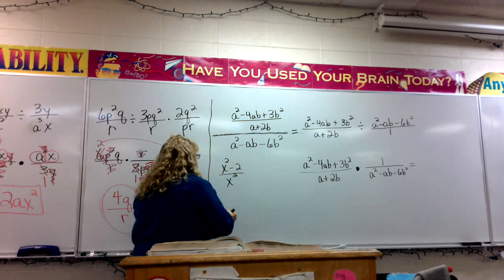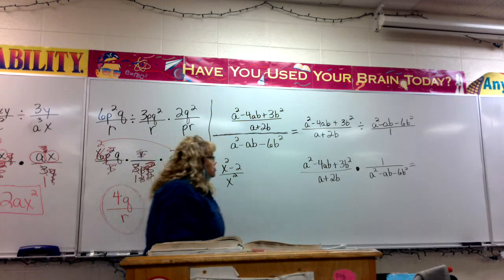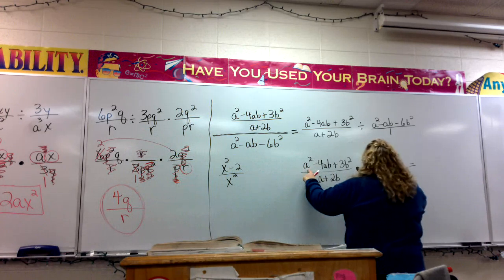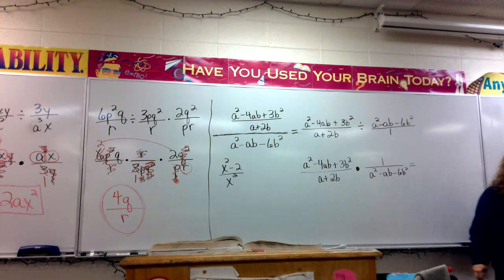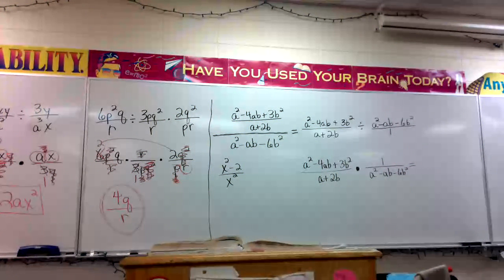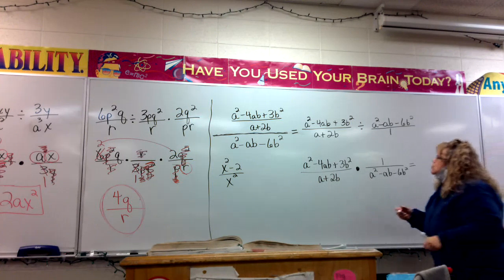You're not allowed to cancel those if it's a minus or a plus. I always see people want to cancel these, but it's minus, you can't cancel those. So what do you have to do first before you can cancel? Factor. Yes, you must factor.